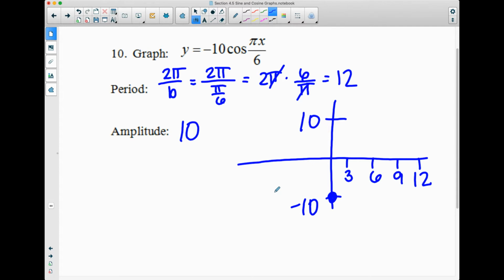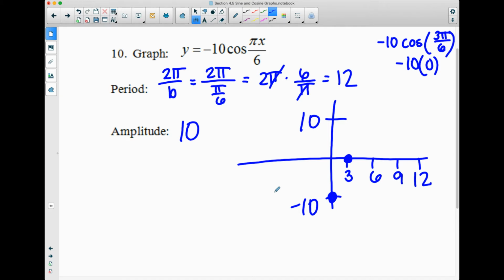And then I could continue the pattern if I wanted to, but maybe I don't catch on just yet. I plugged in 3, and again, it gets me to my next spot. Cosine at pi over 2 is 0. So negative 10 times 0 is just 0.